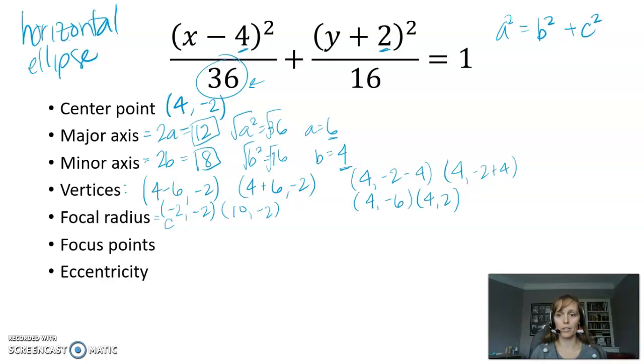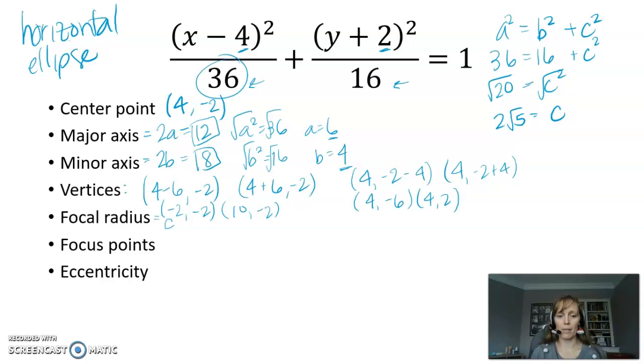So we know that a squared is 36, we know that b squared is 16, and we know that we're solving for c. I subtract 16 from both sides, which gives me 20, and then I take the square root of both sides, and when I simplify that radical there, I end up with 2 square root of 5 for the length of my focal radius.